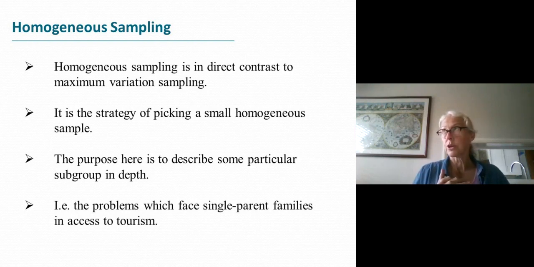In sport, you might want to look at a group of people who take part in sport and have had a particular challenge in accessing that activity. So you're focusing in on quite a unique, sometimes, group of people, but they've certainly got a lot more shared characteristics than the maximum variation sample.